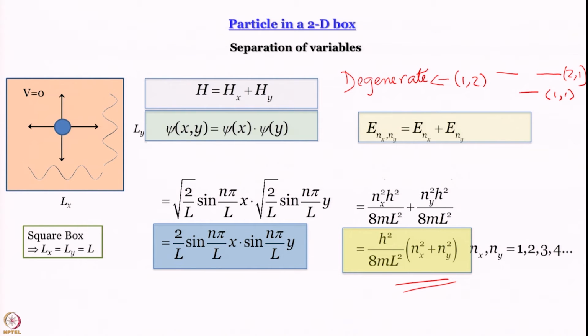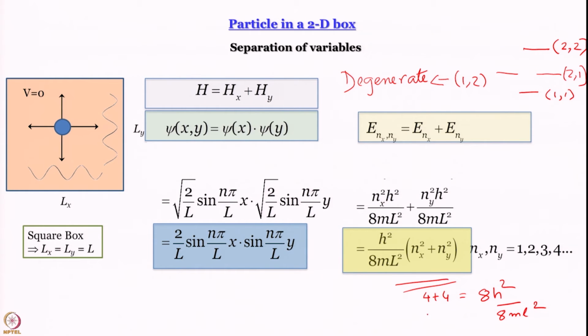Great. What is the next one? 2 2. And you can go on. Is it really 2 2 or is it 1 3? Let us see. For 2 2, energy will be 4 plus 4 equal to 8 h square by 8 mL square.